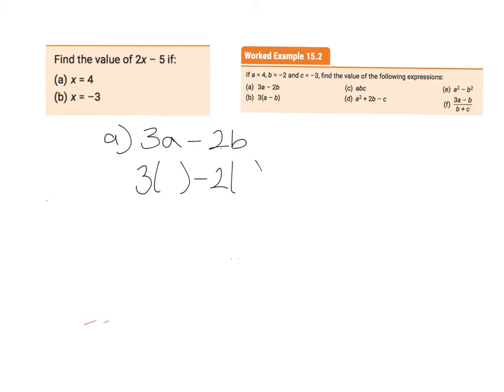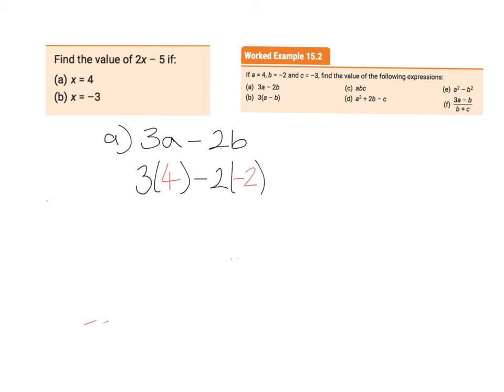And instead of the B, I'm going to draw an open bracket as well. So I'm going to be subbing in, instead of A here, what A is equal to, which is 4. And instead of B, what B is equal to, which is -2. So be really careful with your negative numbers.